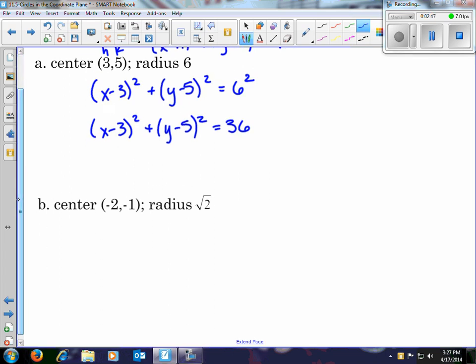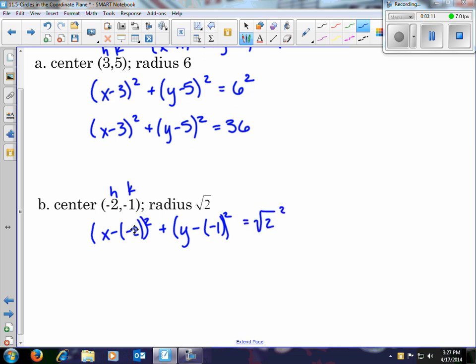This is my standard equation for a circle with the center 3, 5 and radius of 6. So now let's do one more example. Same equation. This is my h and k. So I have x minus negative 2 squared plus y minus negative 1 squared equals square root 2 squared.